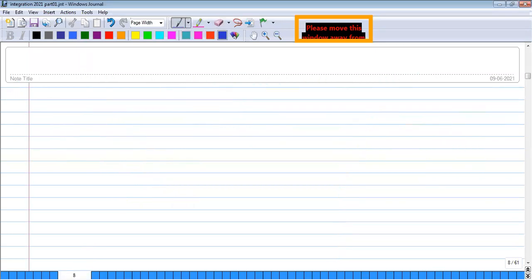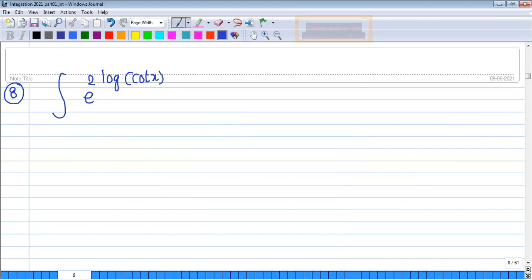Now, eighth one. Integral e power 2 log of cot x dx. So first option cot x minus x plus c.